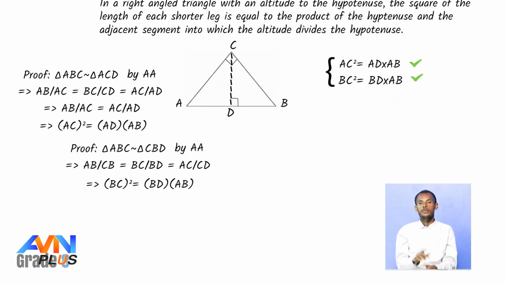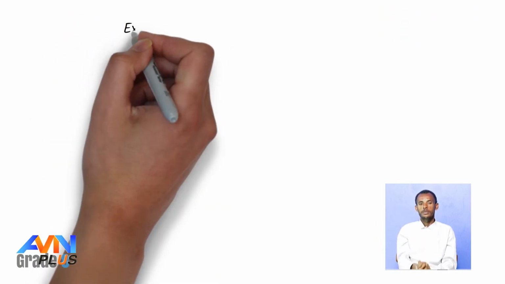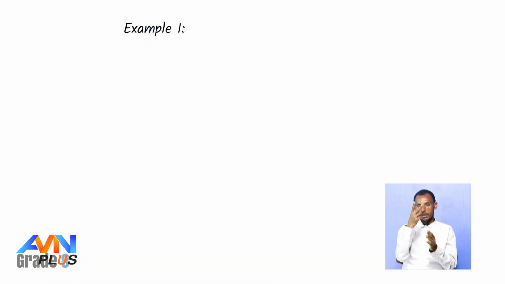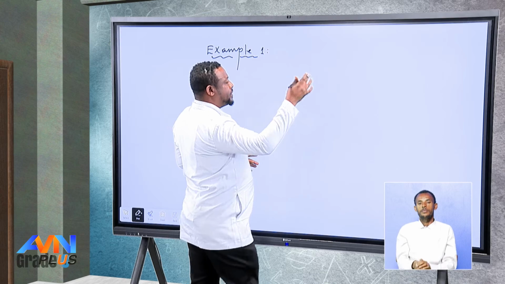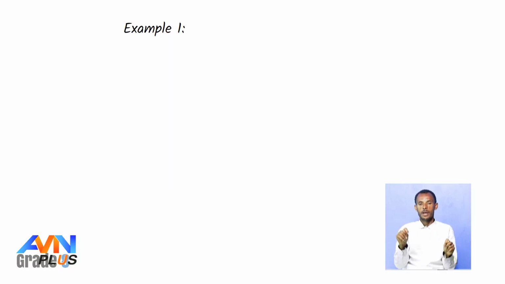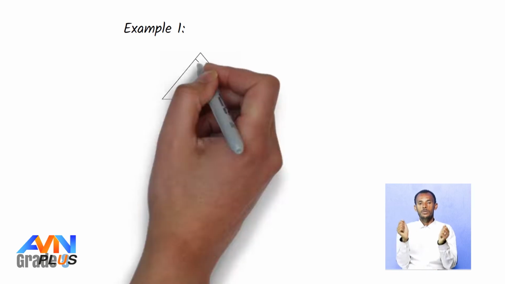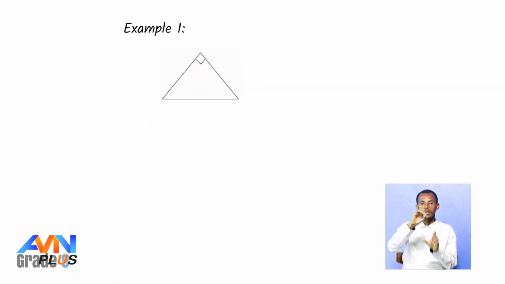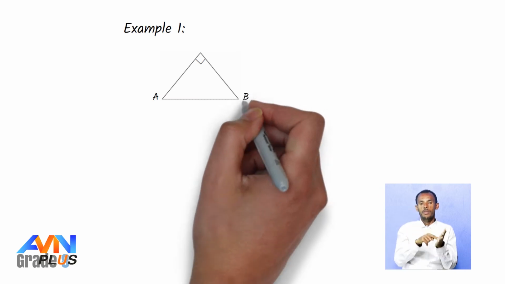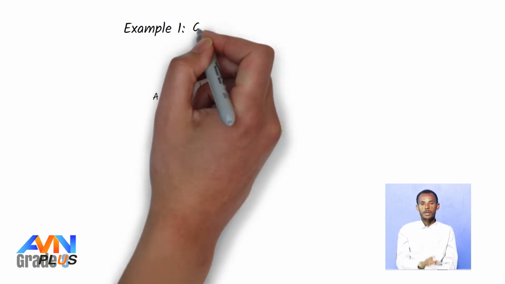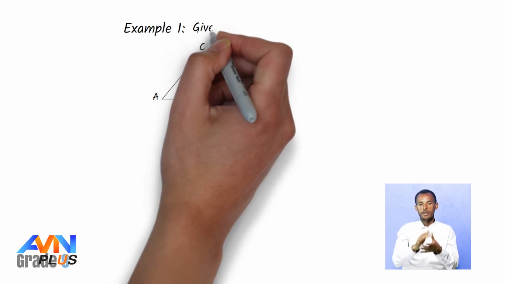Let's see the first example. Given a certain triangle with 90 degrees at some point, say A, B, C, with an altitude drawn from C to some point D, given in the figure below.